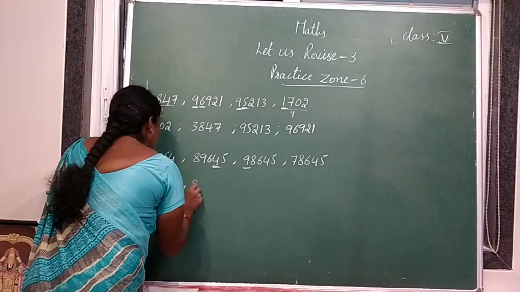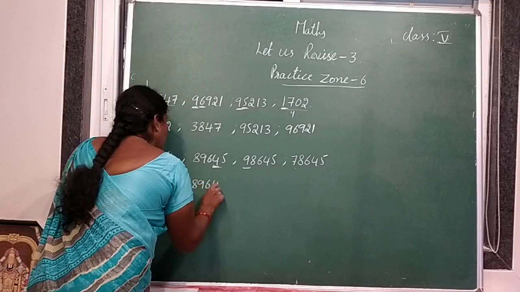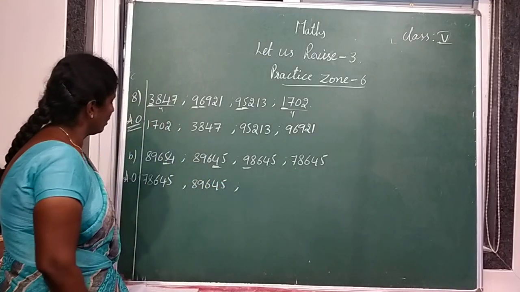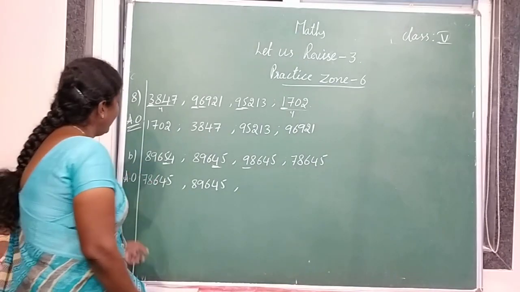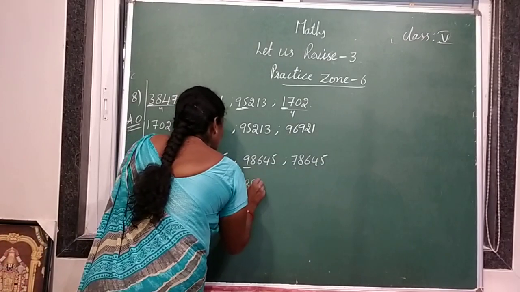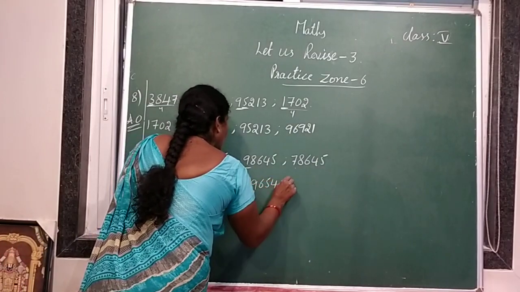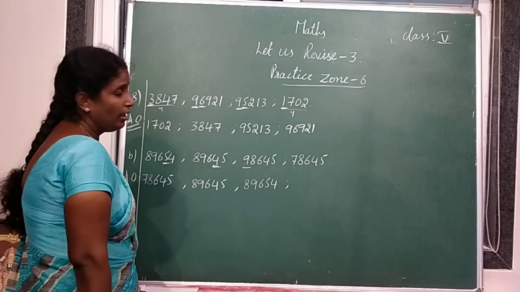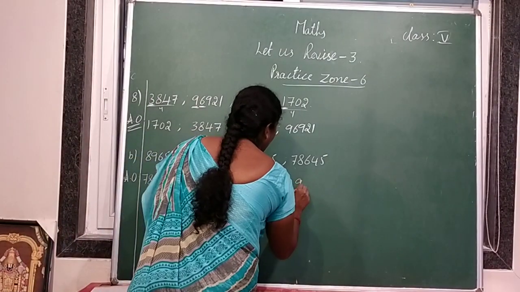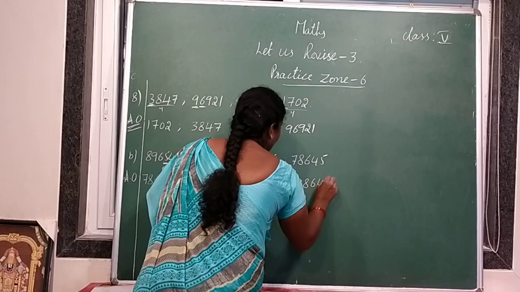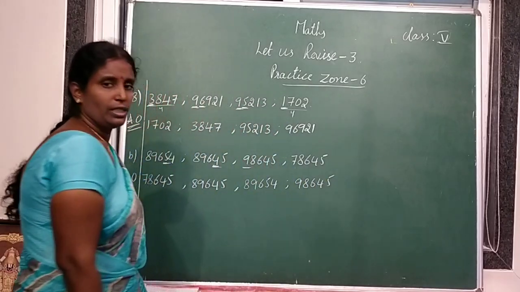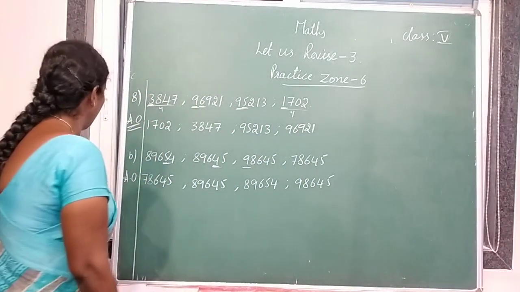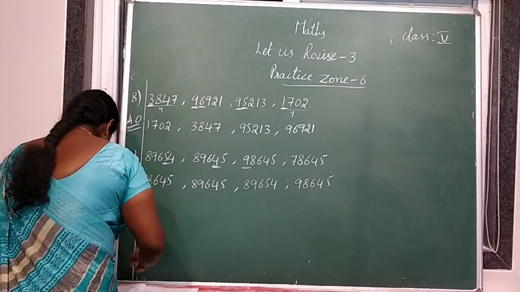So 89,645, after that 89,654, after that 98,645. And next problem, the third one.